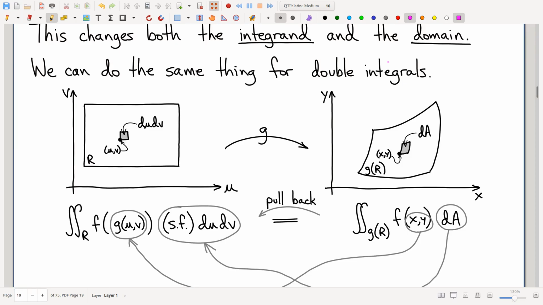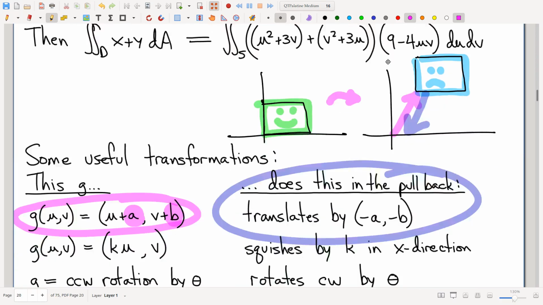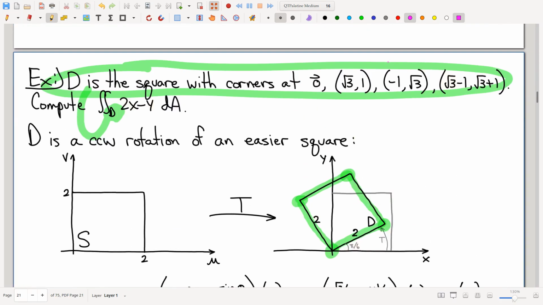So that when you pull back, your new domain will be that something you like better. So how can I view this tilted square as an image? And I think it's a pretty believable thing. I can say, look, this is a counterclockwise rotation of that square. Everybody see that?